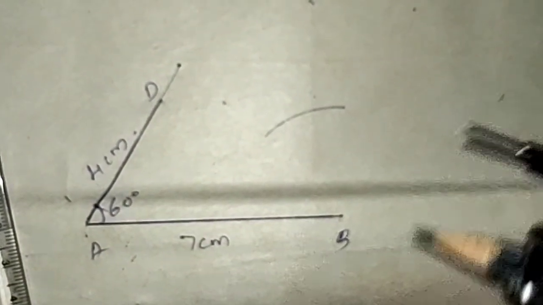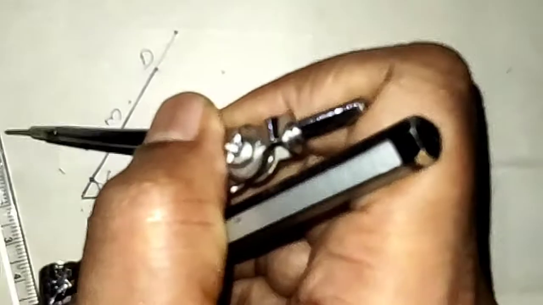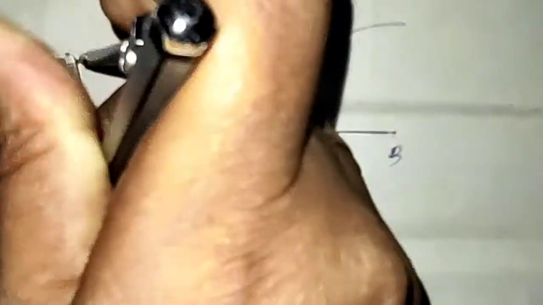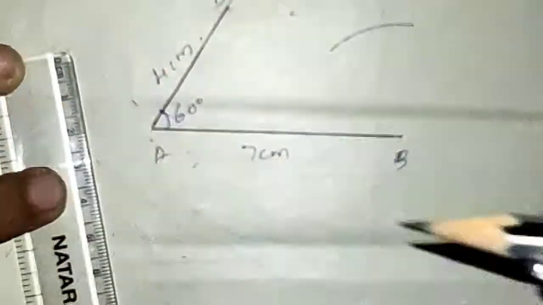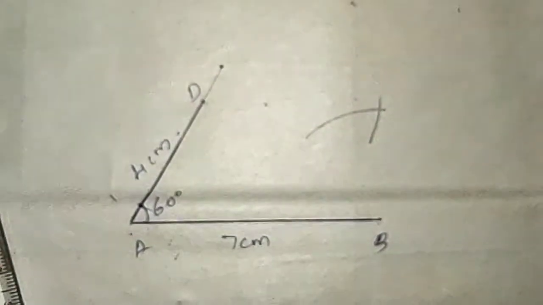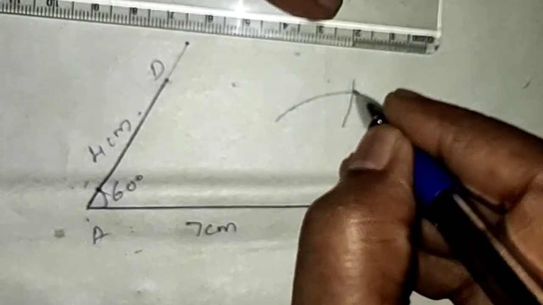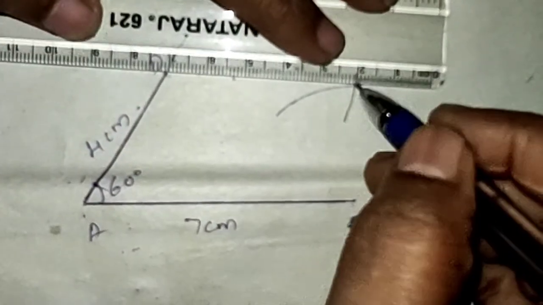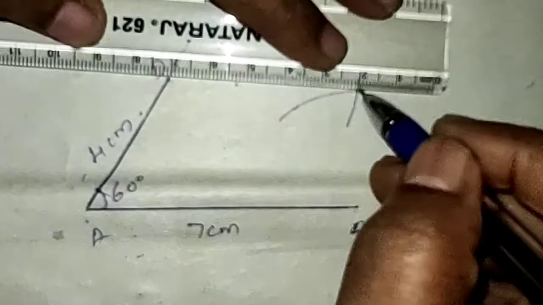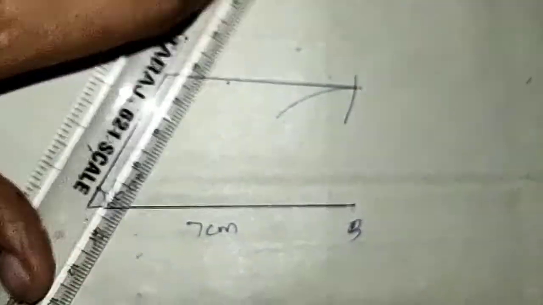CD is 5 cm, so take 5 cm on your compass. Then keeping this point as center, draw another arc like this. Then complete our figure. This is our required trapezium ABCD.